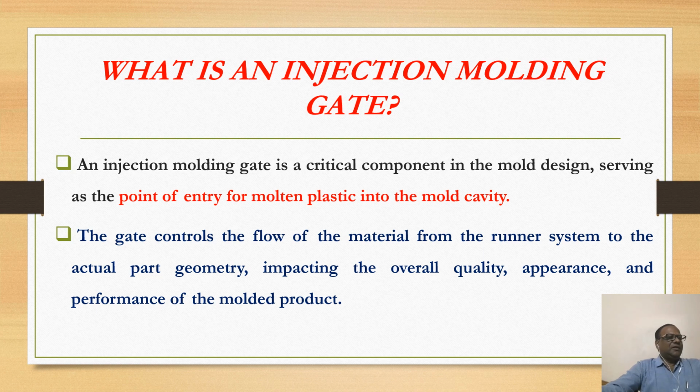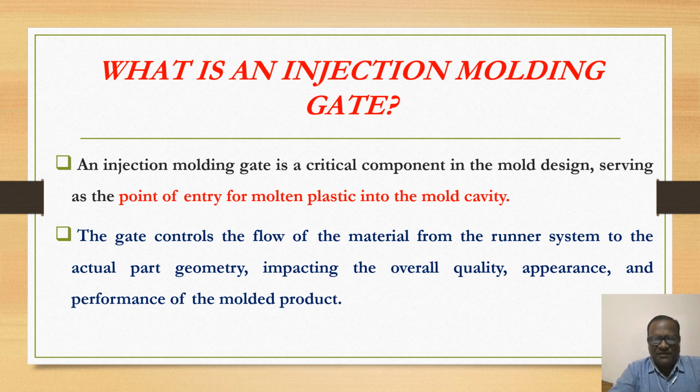The purpose of the gate is also to increase the pressure before the material enters the cavity, because the cross-sectional area of the runner is a little larger compared to the cross-sectional area of a gate. For that reason, when the melt flows through the gate and is supposed to enter your cavity, the pressure will increase.